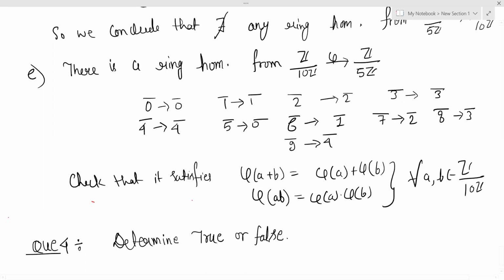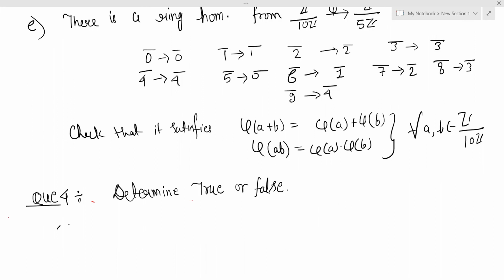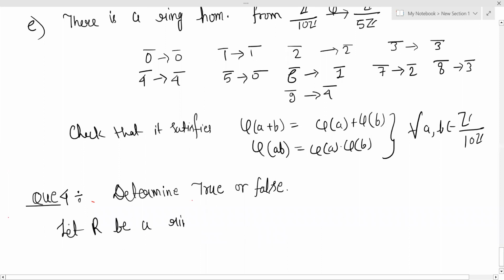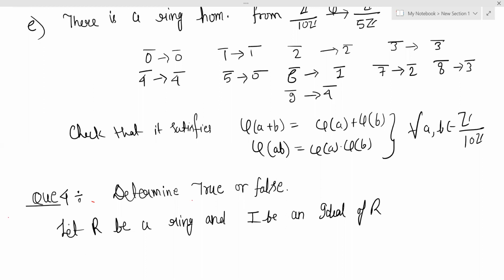Let R be a ring and I be an ideal of R. Suppose that I contains no zero divisor.